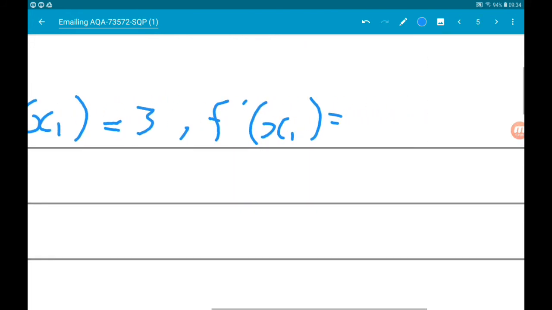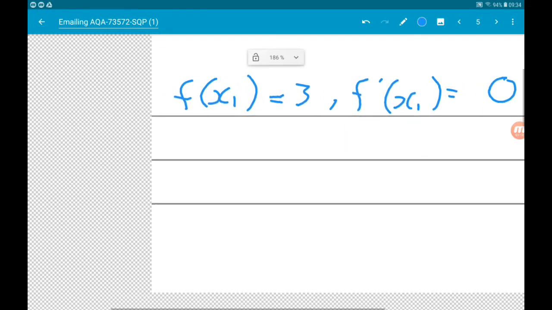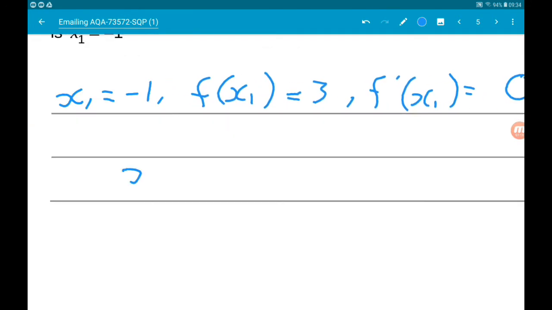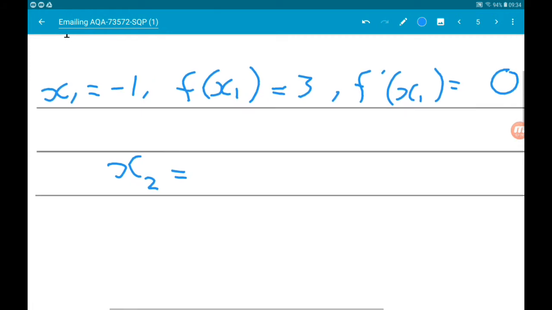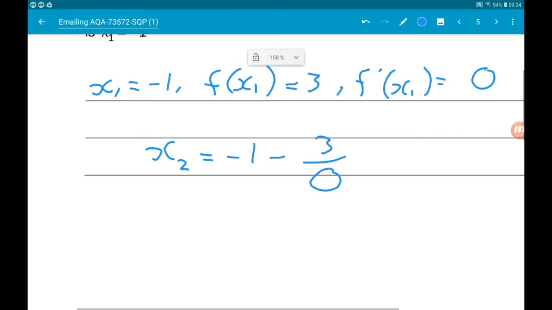So that is our problem. We would get that x2 is equal to minus 1 minus 3 over 0. So we can't do that because you can't divide by 0.